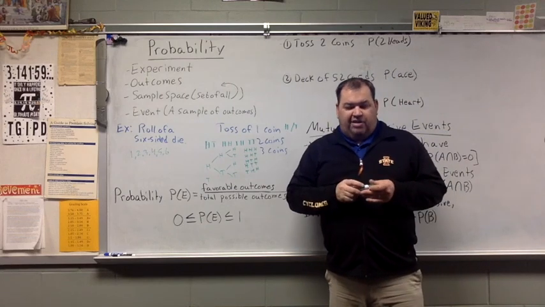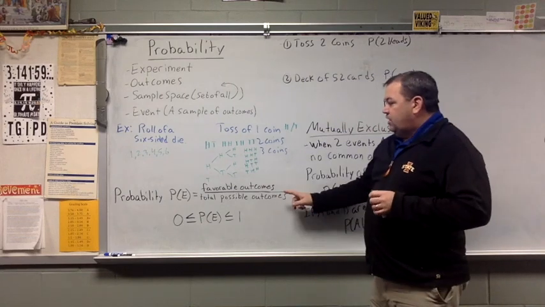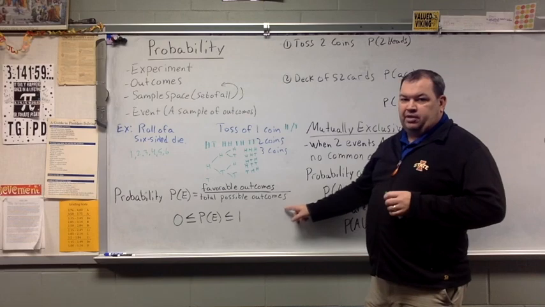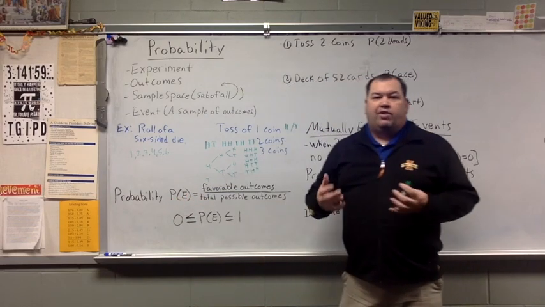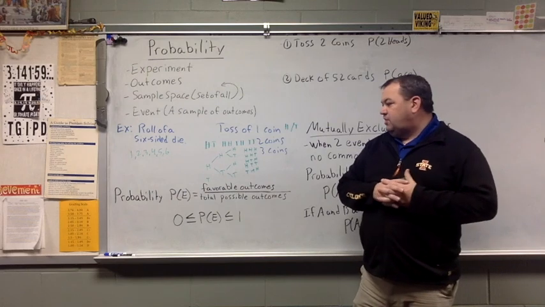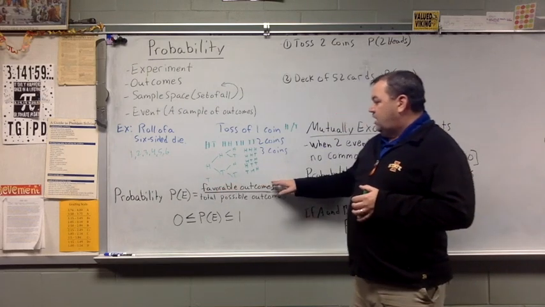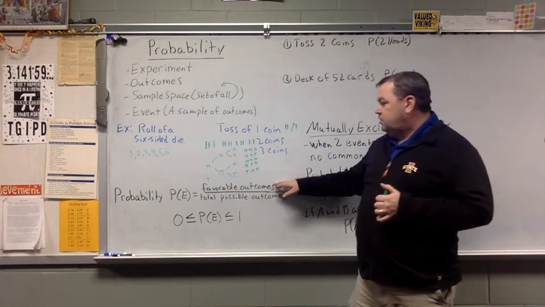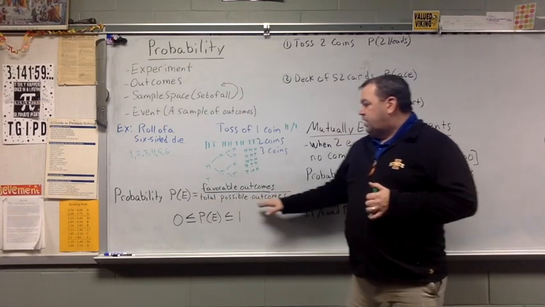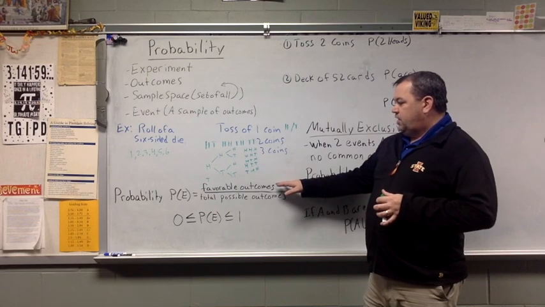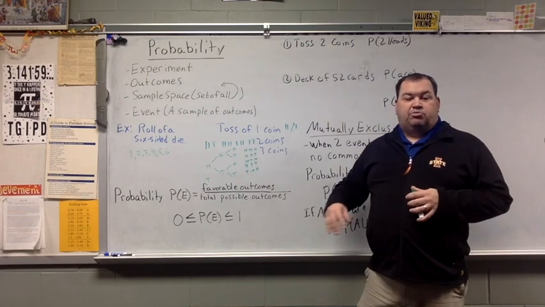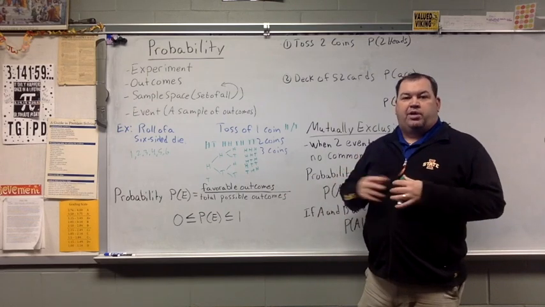Now that we have a grasp of that terminology, we get into the formal definition of probability. For probability, we use a capital P, and E stands for event. So the probability of an event happening is the outcomes that I want, the favorable outcomes, compared to the total possible outcomes. Sometimes we'll write our probabilities as fractions, sometimes as decimals, sometimes as percents.